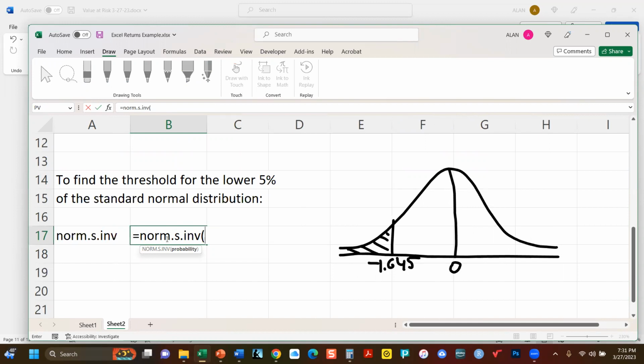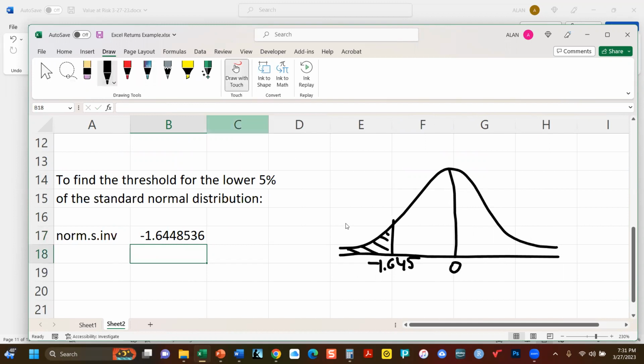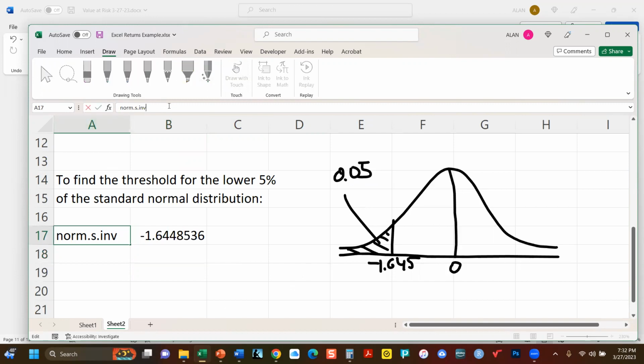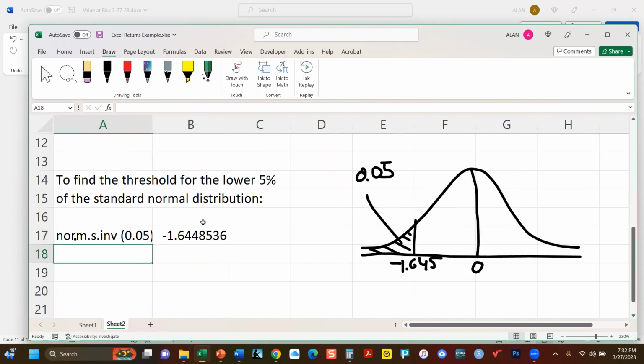You notice how it says the word probability. What does it mean by that? 0.05. You're saying, where is the location below which we find 5% of the distribution?